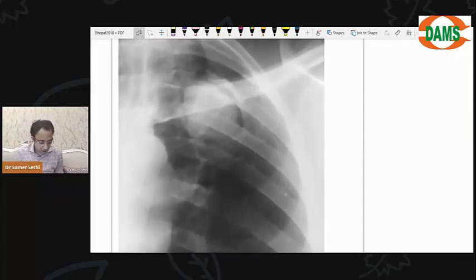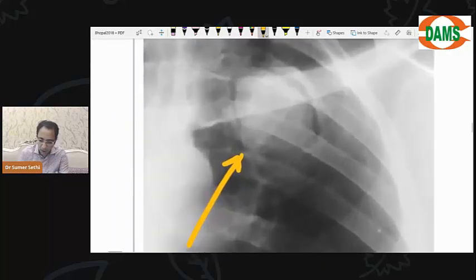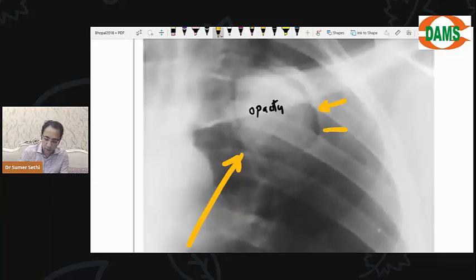Let us understand the image that we are looking at. The first image that we are looking at. In this image, if you notice correctly, you are able to see a rounded opacity, which is appearing round. But if you pay attention, you will be able to see around the opacity there is a dark rim.